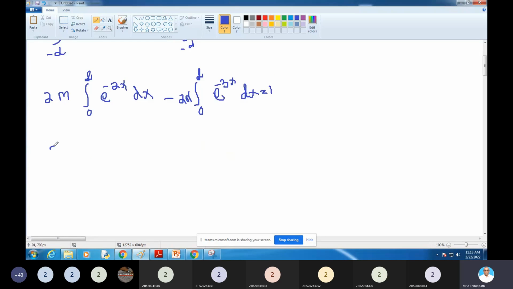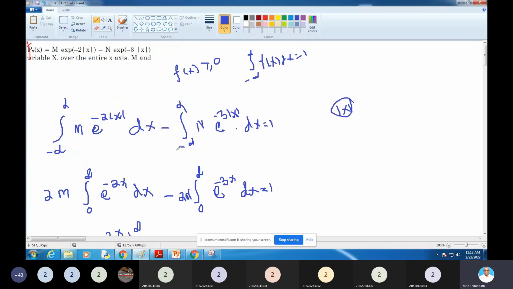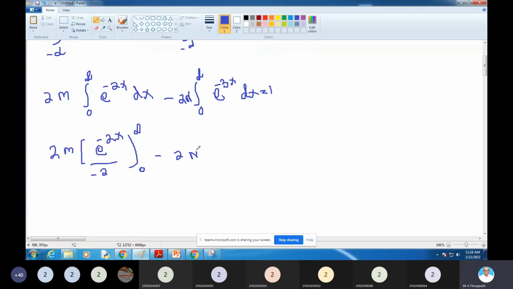Now integrate. So 2m, the integral of e to the power minus 2x is e to the power minus 2x divided by minus 2, from 0 to infinity, minus 2n, the integral of e to the power minus 3x is e to the power minus 3x divided by minus 3, equal to 1, from 0 to infinity.